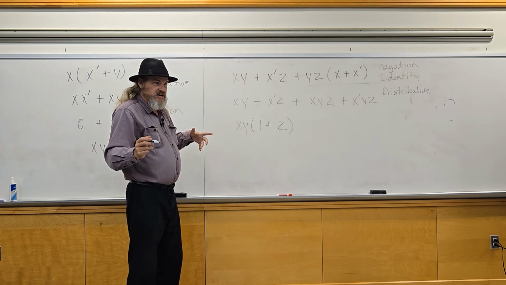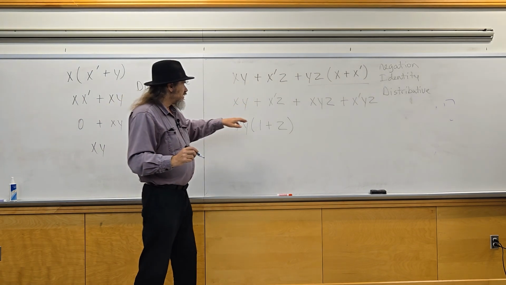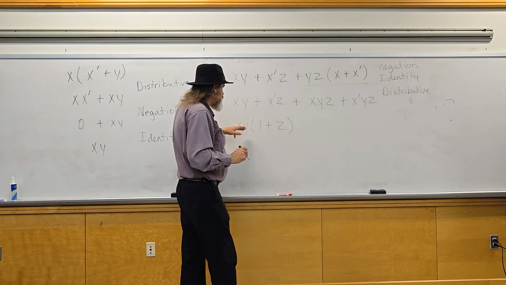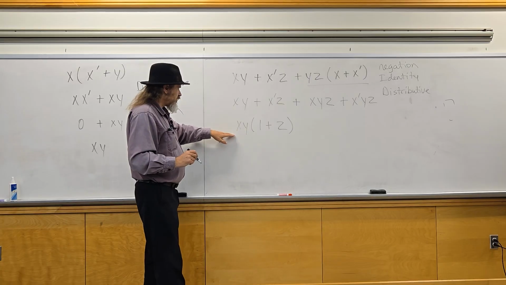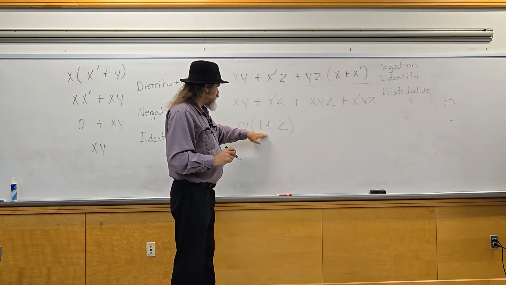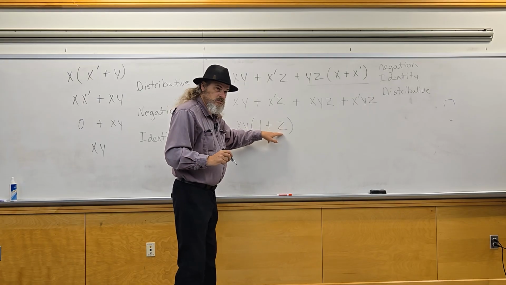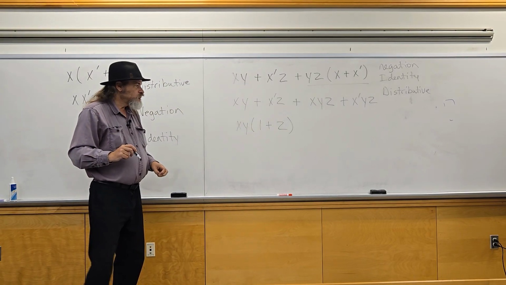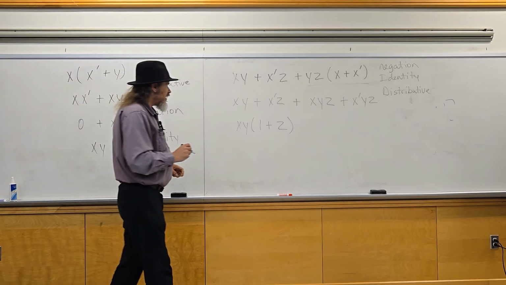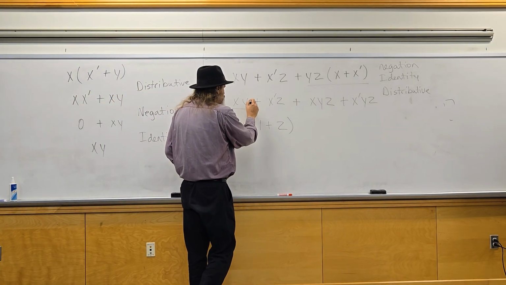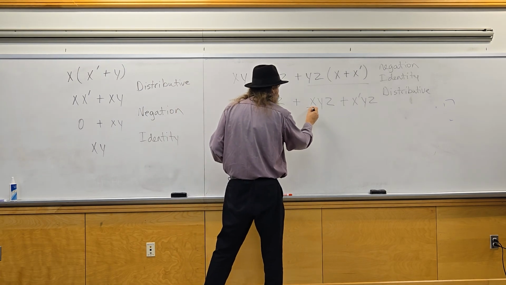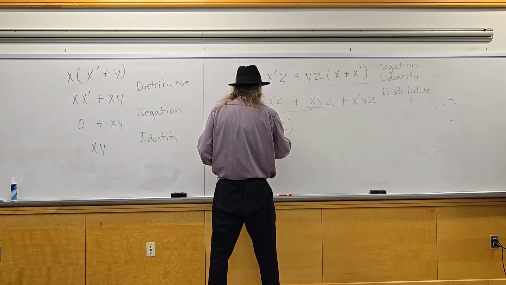The 1 is implied. X y z. So you distribute out the x y to be 1 plus z. Okay? That's these two. This is an implied 1. And these two go here.